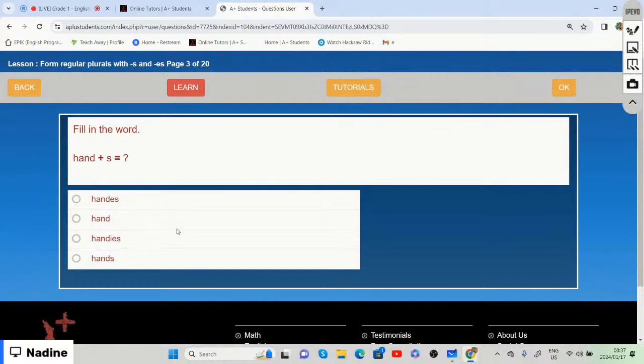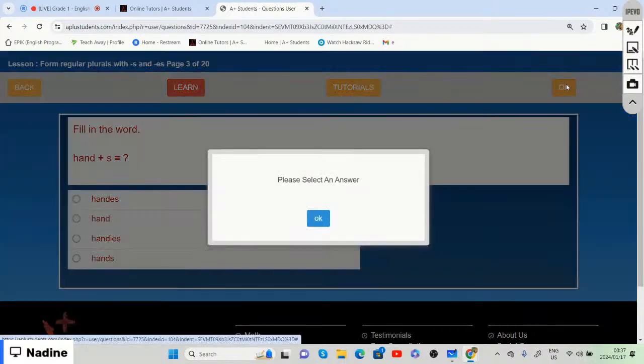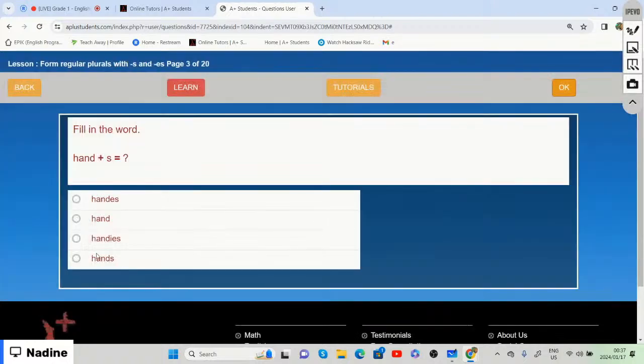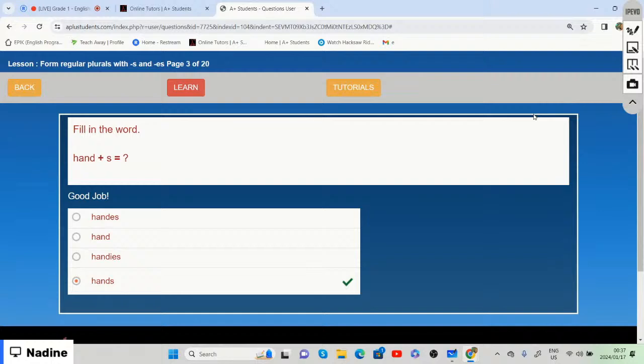So we're either going to fill in hand or the whole word. All right, so it's hands. So hands, right? And hands is correct.